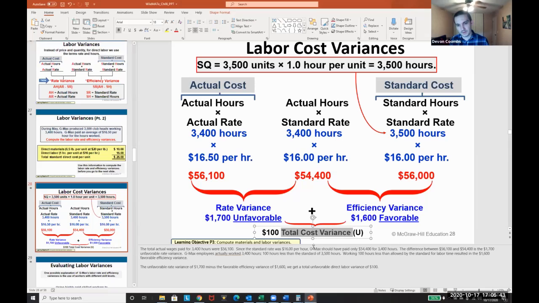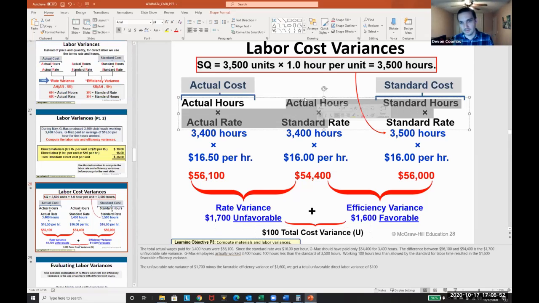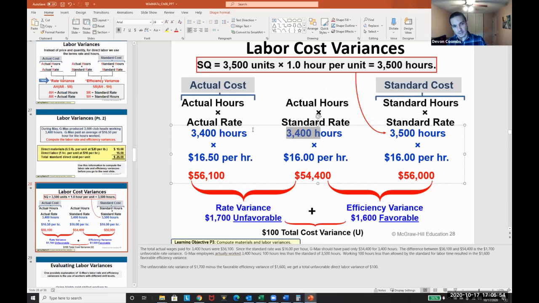That unfavorable cost variance, we have to determine, is that a rate variance or an efficiency variance? The way we do that is by taking the actual hours times the standard rate, right? This is our true difference. Our actual hours we pull from here, our standard rate we pull from the right, and we ultimately get that our actual hours times our standard rate is $54,400. So we find our actual costs. We spent more, but we had more efficient workers.